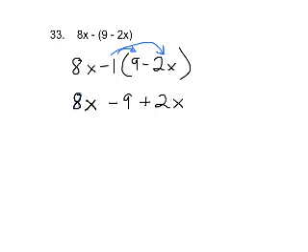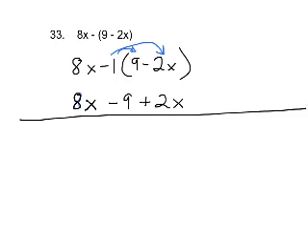You'll notice I'm going to use the commutative property. But there's another thing I need to tell you about first.